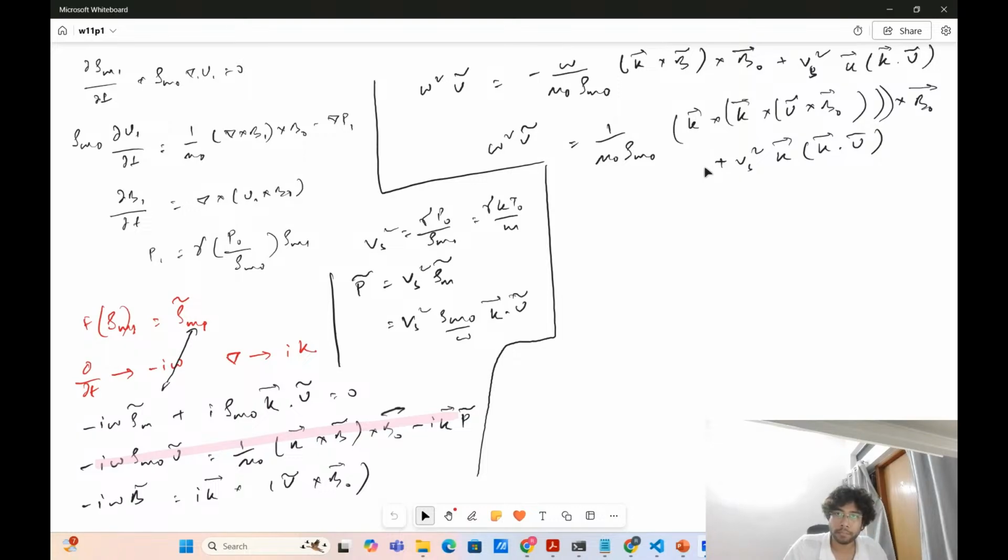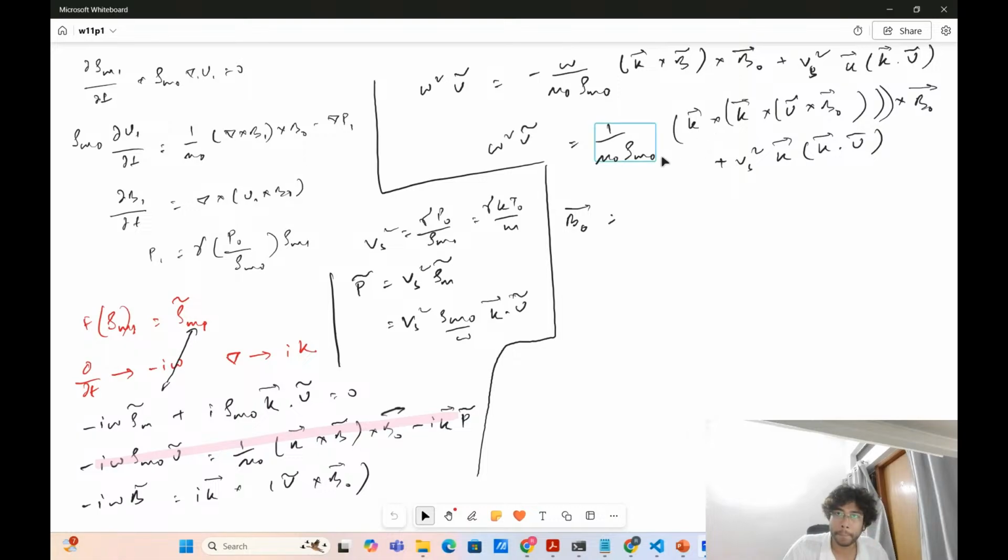Now, without any loss of generality, we can take b naught. So this equation is dependent on b naught and k, which are two constants, right?